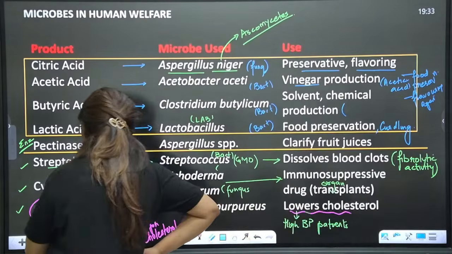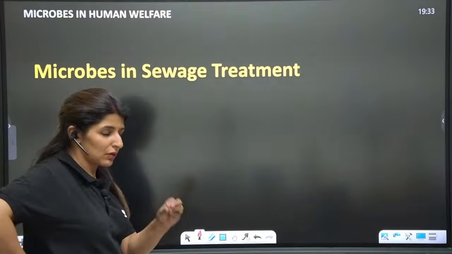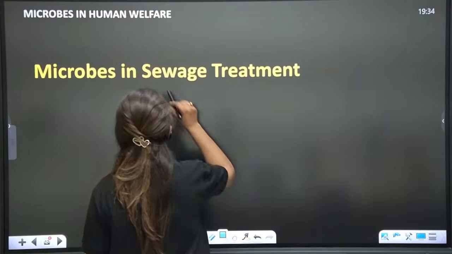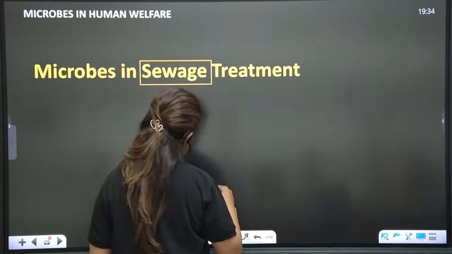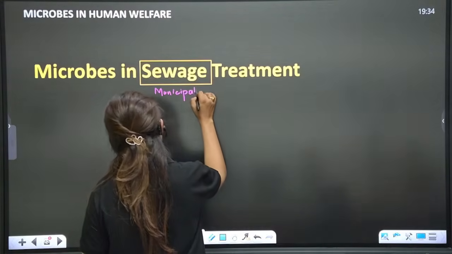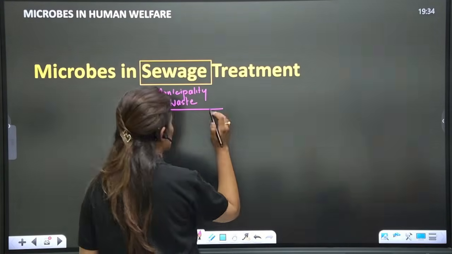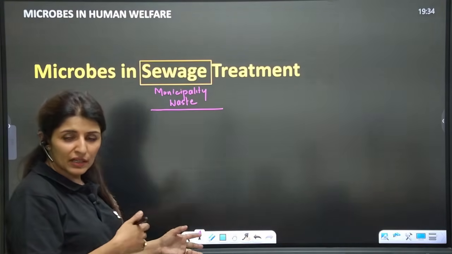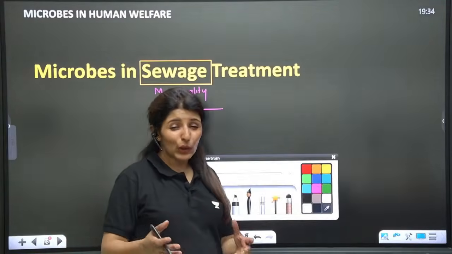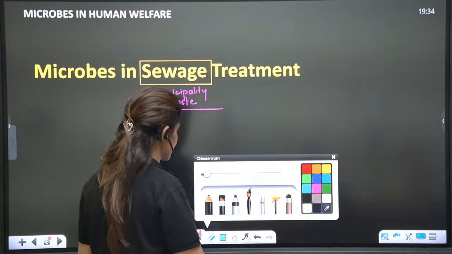Moving on to the next, we have microbes in sewage treatment. Very, very important topic. Now see, guys, first of all, what is sewage? Sewage is a municipality waste, right? So municipality waste has your household waste, human excreta, urine, right? All these things. And also the cans and the polythenes that we have thrown in our garbage and in the drains, right?